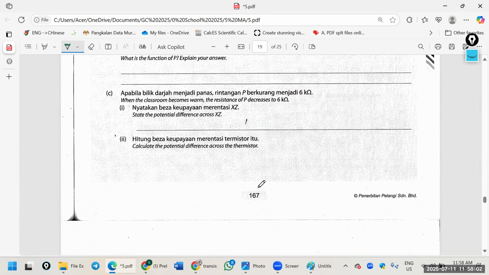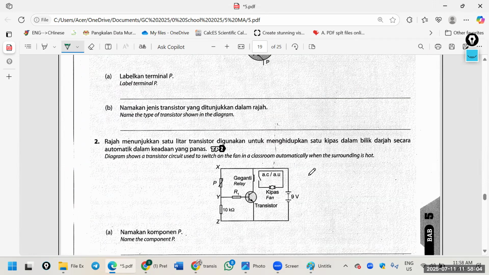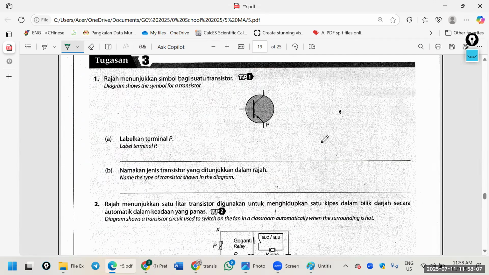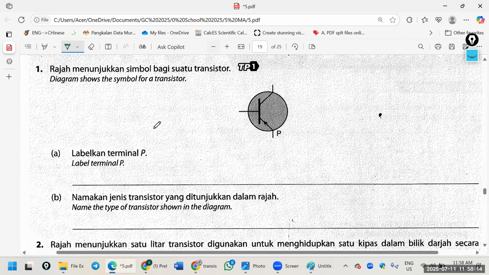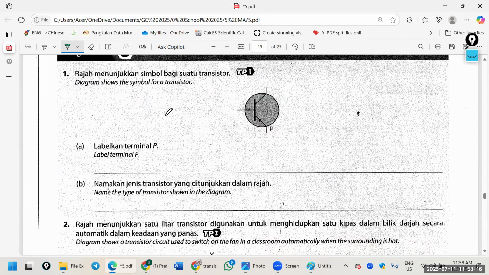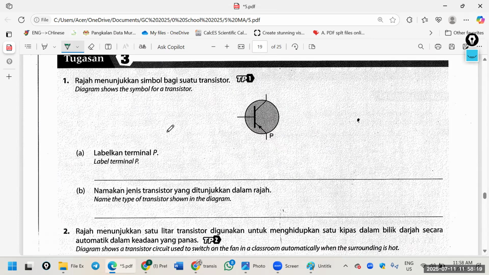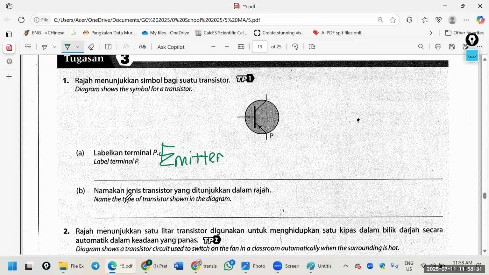Like page 167. Quiet. Task 3. Label terminal P. Valerie, what is P? Yes, emitter. Name the type of transistor.